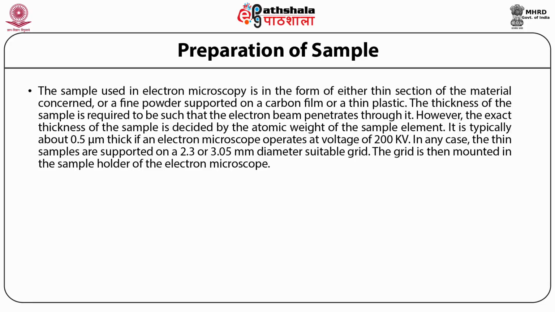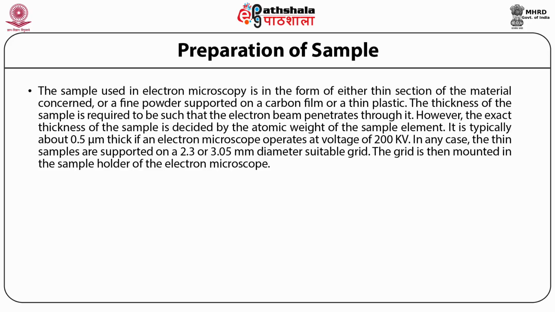The thickness of the sample is required to be such that the electron beam penetrates through it. However, the exact thickness of the sample is decided by the atomic weight of the sample element. It is typically about 0.5 micrometer thick if an electron microscope operates at a voltage of 200 kilovolts.